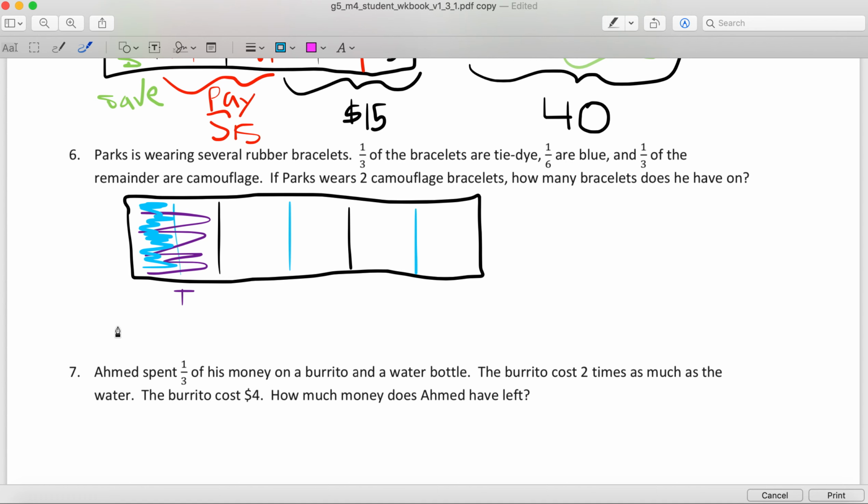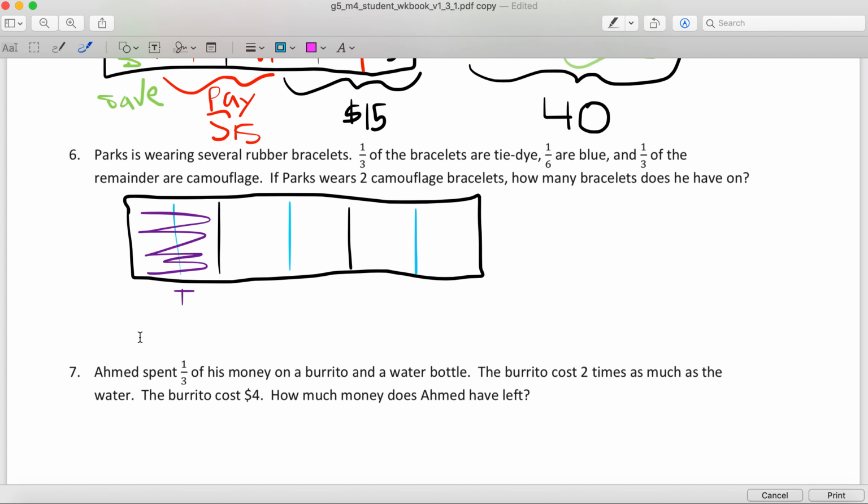Now it says one third of the remainder are camouflage. So this is what's remaining. Remember that this part is accounted for. But I messed up. Let me show you what I did wrong. I took 1/6 of the one third. That is incorrect.